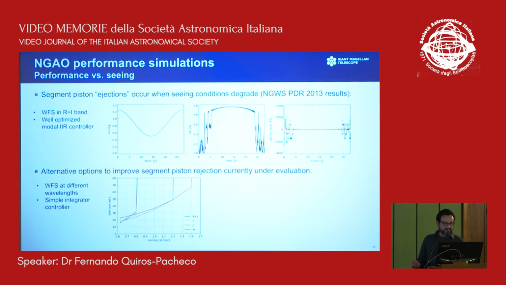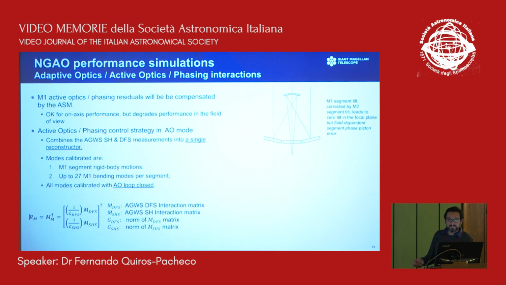And now, very fast. I'm going to just mention briefly that while the AO will control the wavefront on axis very well, and it doesn't matter if the errors are on M1 or on M2, the on-axis performance will be corrected.